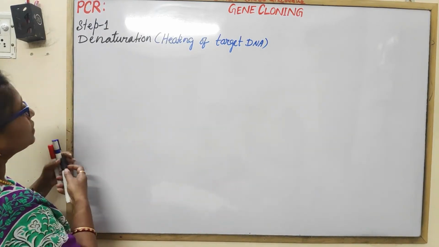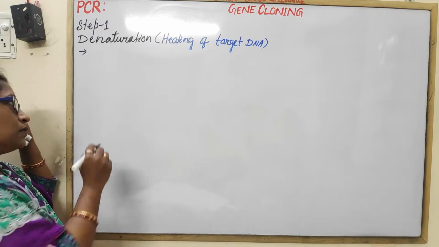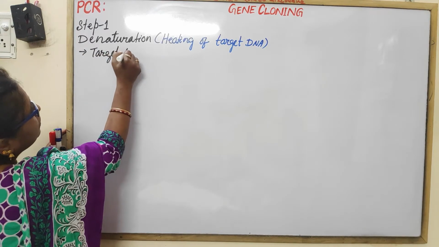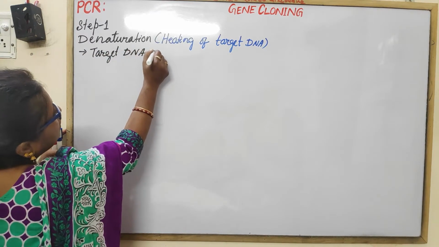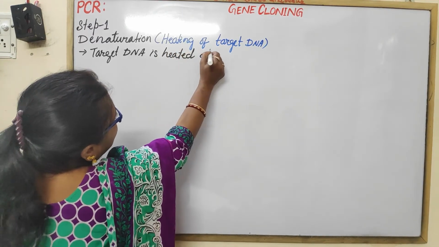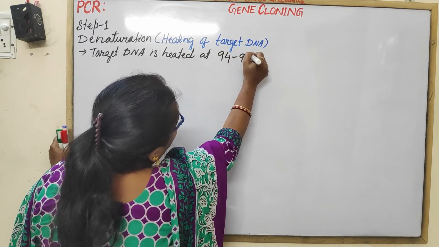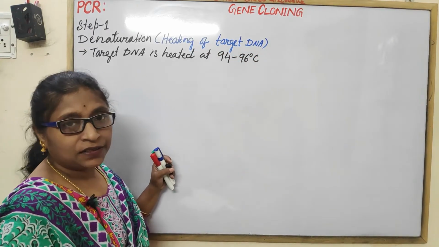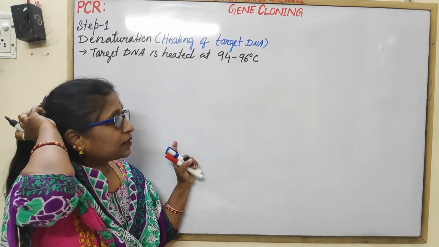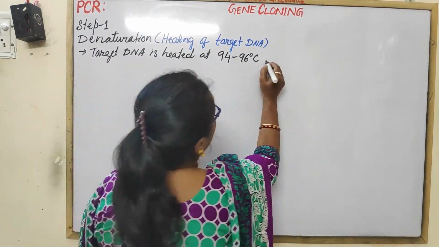It is heated at 94 to 96 degrees Celsius, so that the two strands are separated.